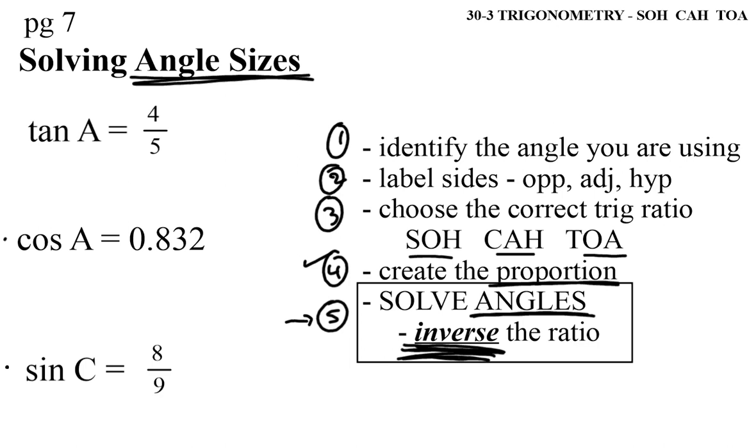Easiest one is to inverse the ratio. What that means is we want to hit the second function and then the trig button. Second function or shift, not sure, every calculator can be a little bit different. But we have 4 divided by 5.